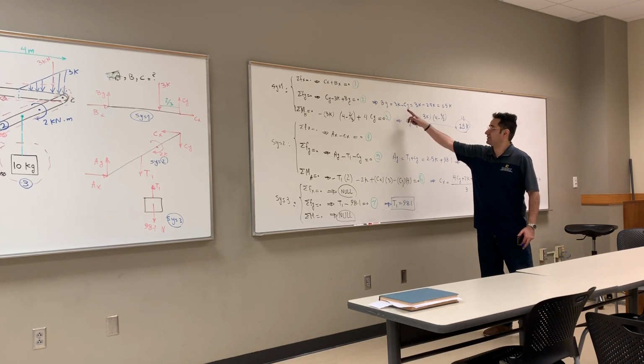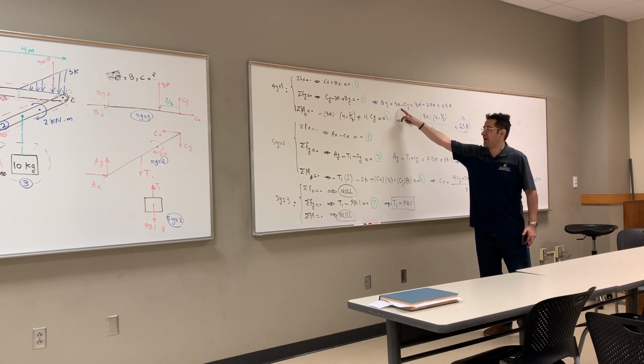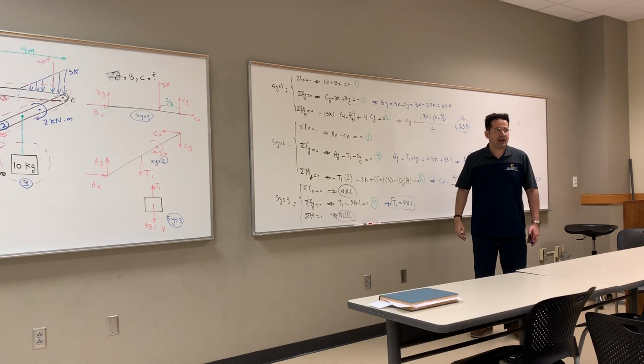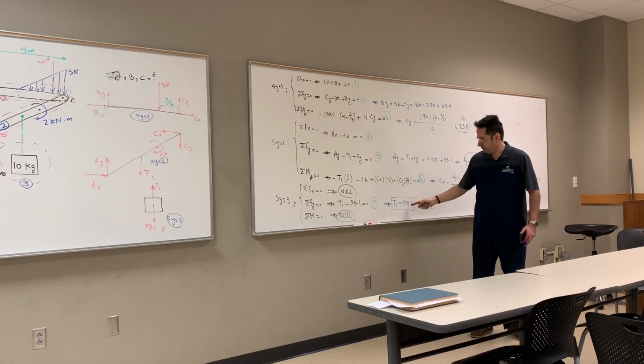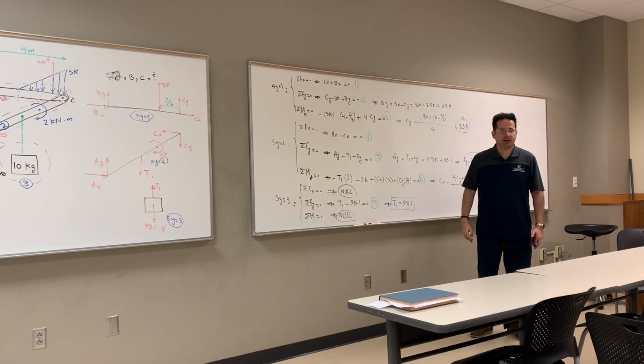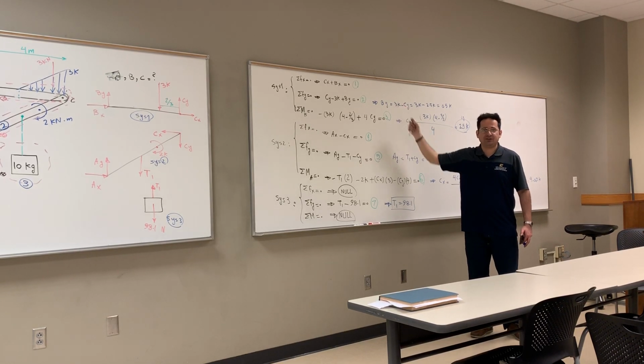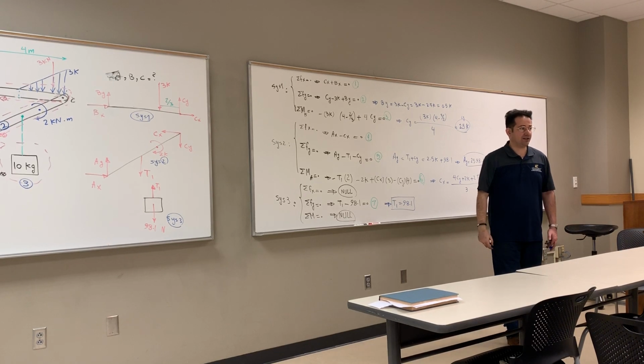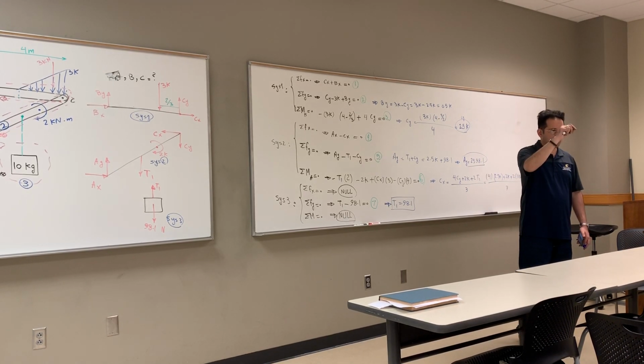So when you add, for example, By to T1, you're adding 3,000 to 98.1, and that's almost 3,000. But if you don't write K, you think that you're adding 3 to 98.1, and that makes a significant error. So if you have K, just write it down.